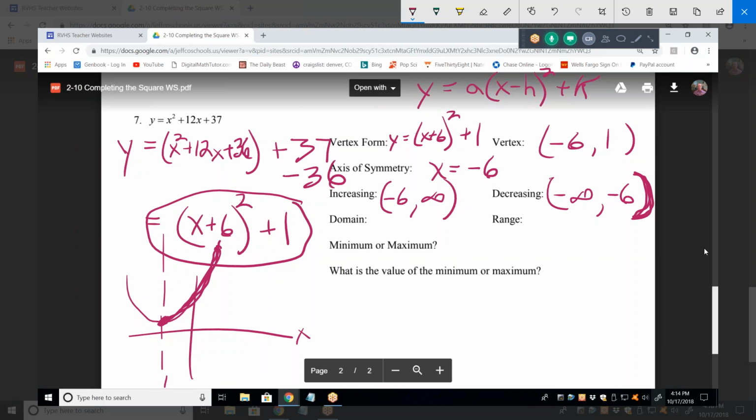So increasing or decreasing does not happen at those turning points. At these points where it changes direction, it is not increasing or decreasing, and that's why we use parentheses. So on increasing and decreasing, you're almost never going to see a bracket.